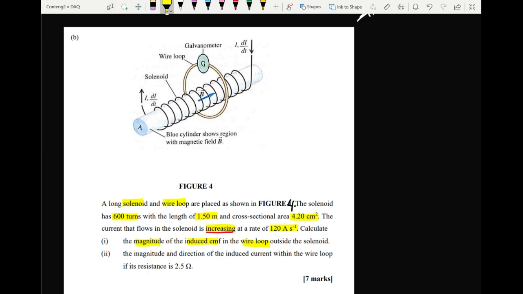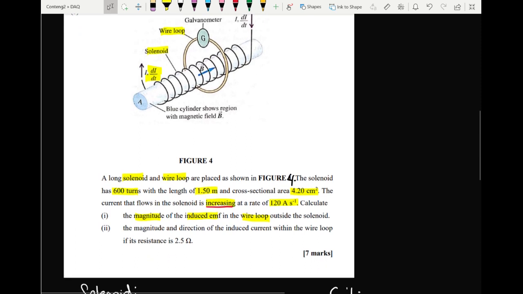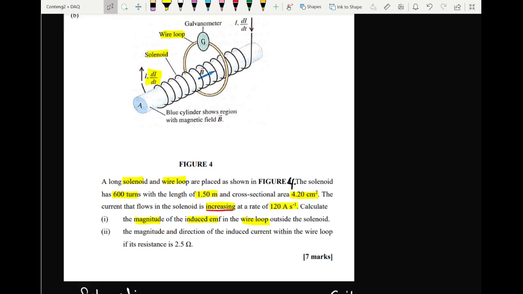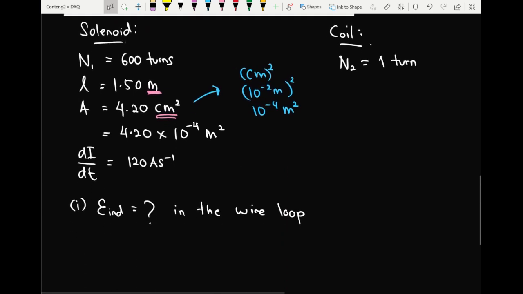You have the change of current in the solenoid. When the current is changing in the solenoid, it influences the magnetic field in the wire loop. So the wire loop has mutual induction due to the solenoid. This is the mutual induction process.